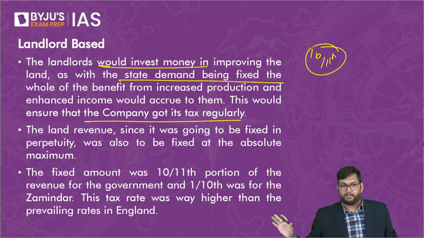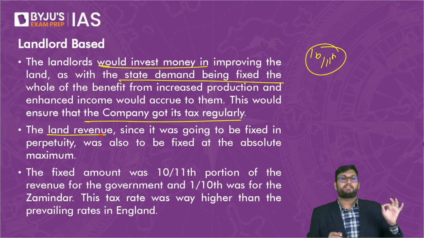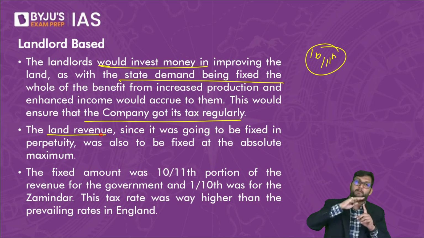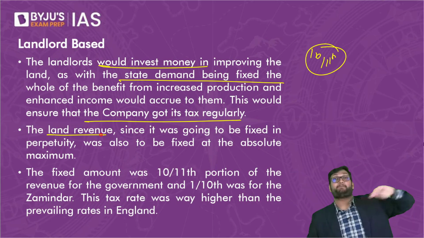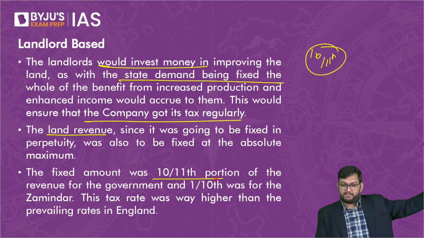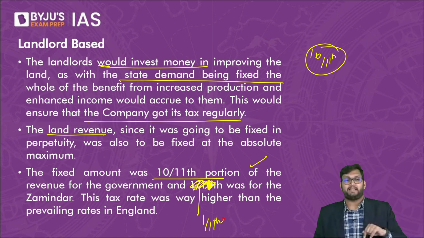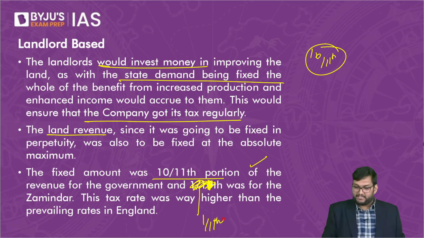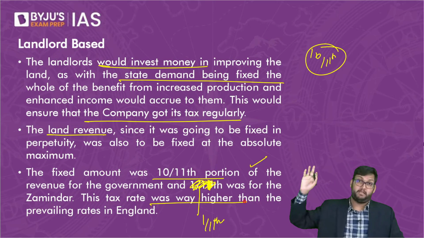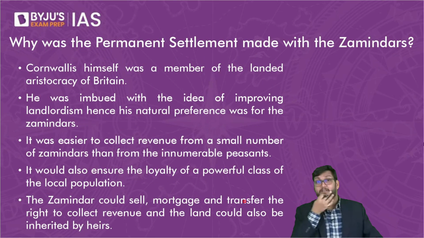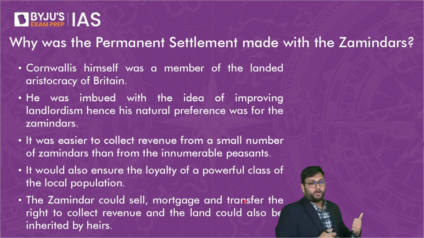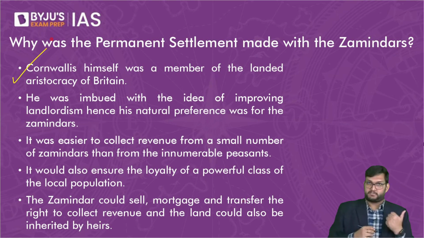But that was the problem. The land revenue, since it was going to be fixed for perpetuity, it was at the absolute maximum. 10/11th, this would be 10/11th, not 10th. 10/11th portion of revenue to the government, 1/11th portion to the zamindar, and this tax rate was even higher than the prevailing rates in England. But what is the question? Why zamindars? Cornwallis himself was from the landed aristocracy of Britain.